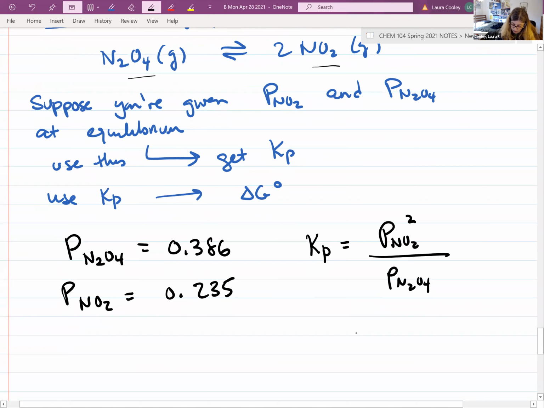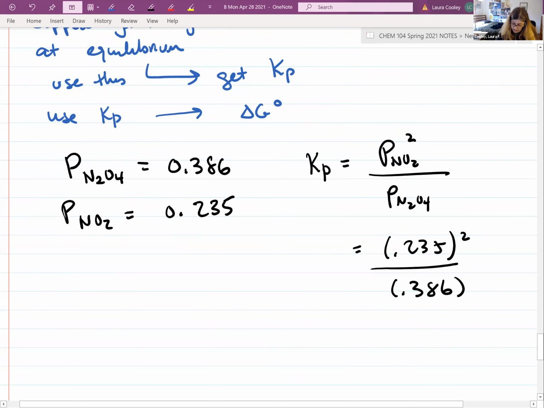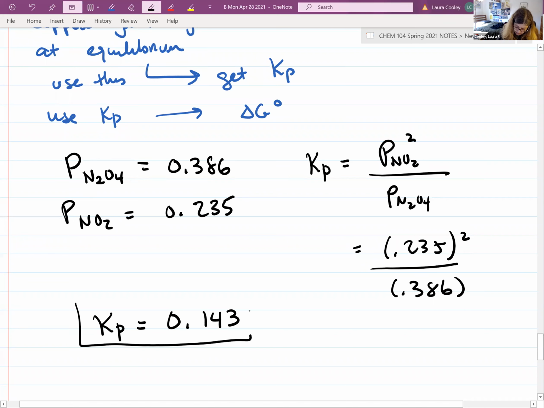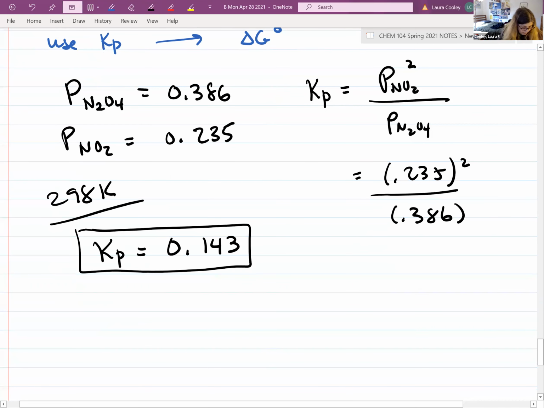So you would have to put 0.235 squared over 0.386, and that would give you the value of Kp, 0.143, okay? And let's just say it's at 298. If you're not told, then it's definitely 298.